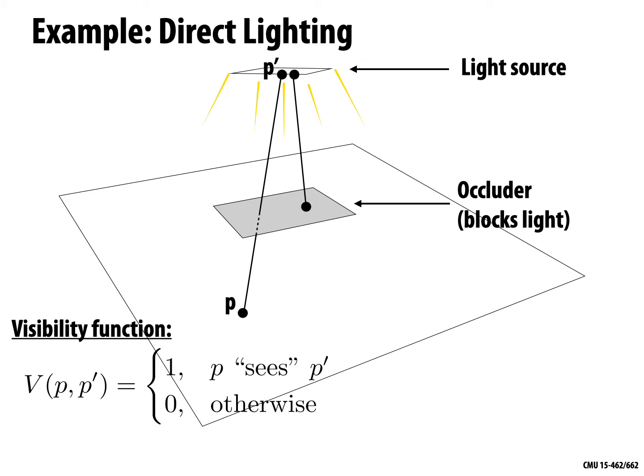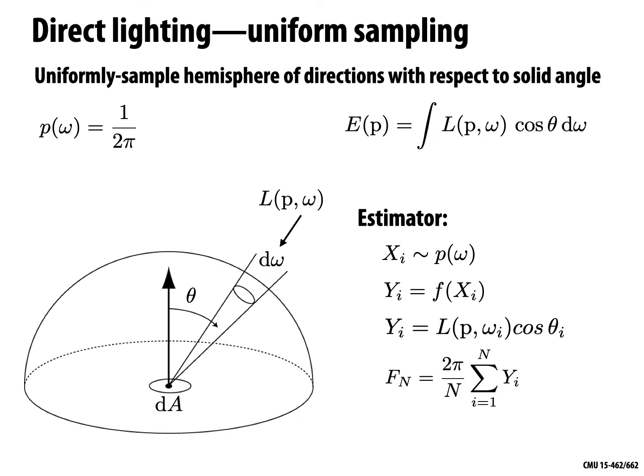Okay. The question we want to answer for this scene is, how bright is each point on the ground? Right? What is the irradiance for each point P on this plane on the bottom? So how do we do this? Well, we can estimate this direct lighting by, let's start out with something very simple, uniform sampling.